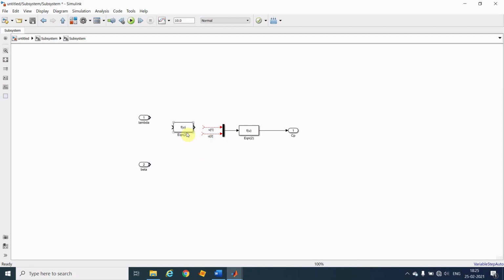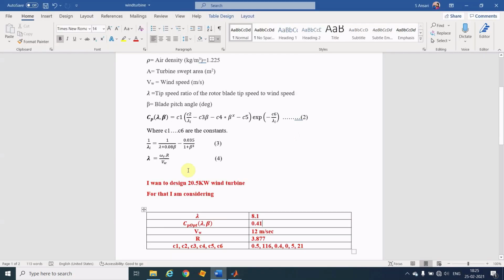Okay, so now we will implement here equation 3. And what is equation 3? This one. Okay, so this one we have to implement there.